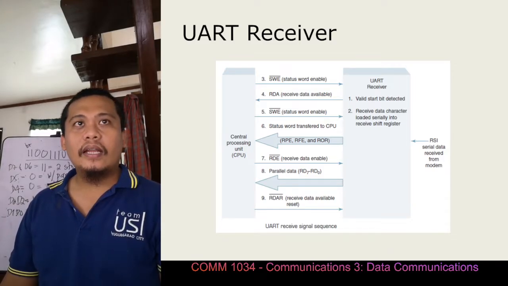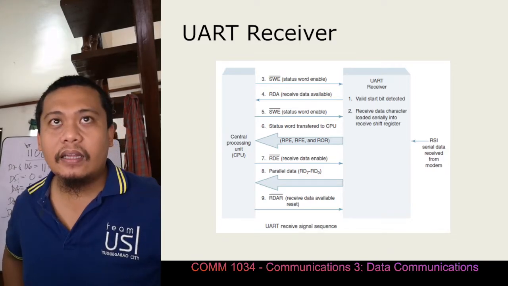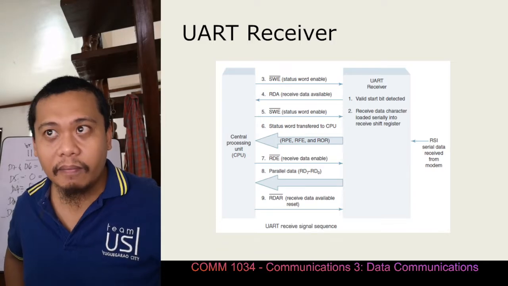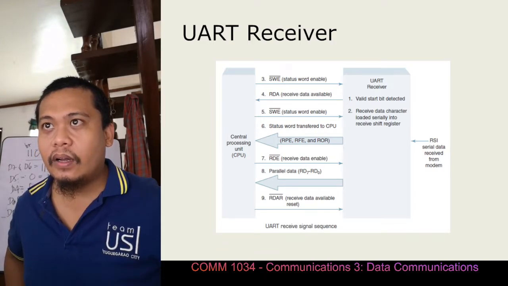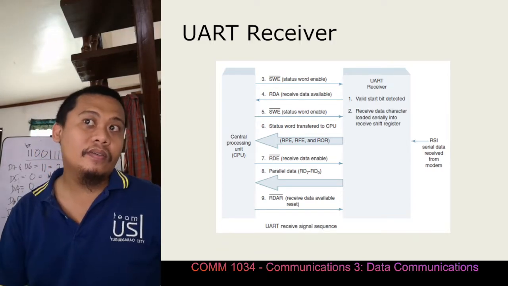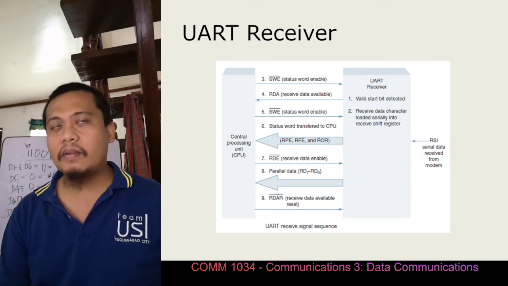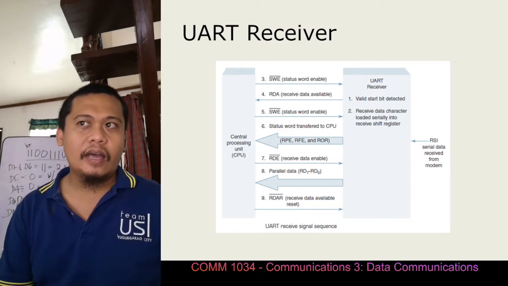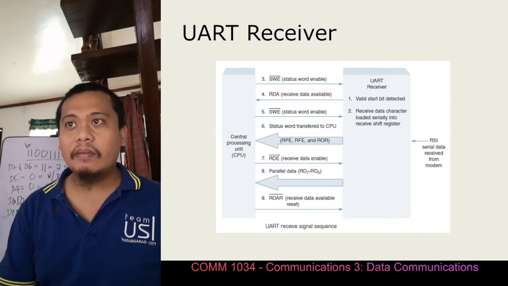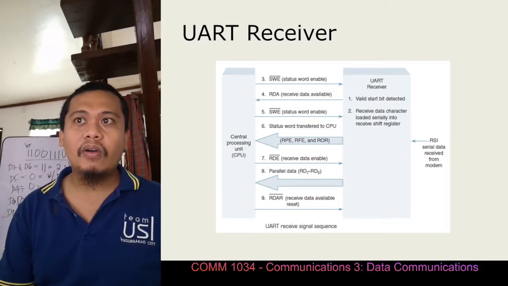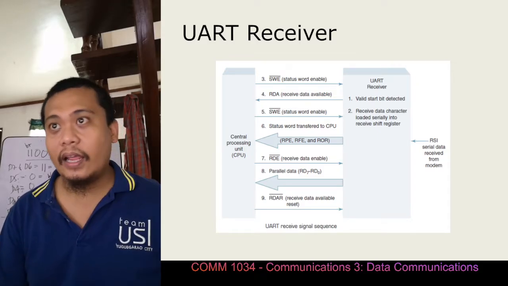So, the receive data available flag is set in the status word register. Okay, so magtatanong muna yung central processing unit natin. Sabihin niya, anong status mo ngayon? RDA. Ibig sabihin, meron akong data dito na kailangan mong i-receive.